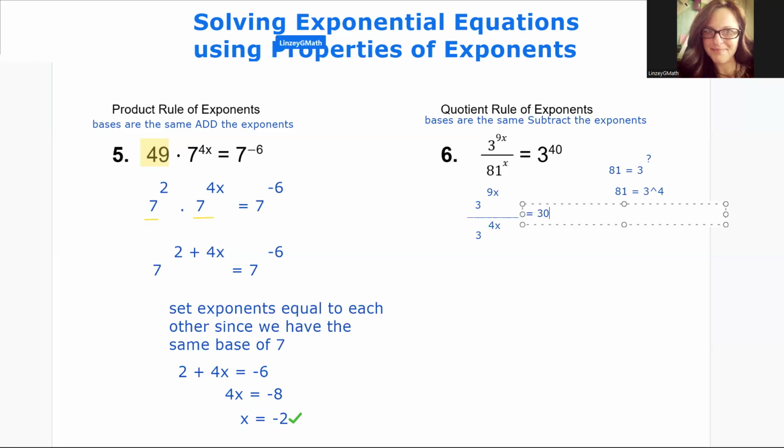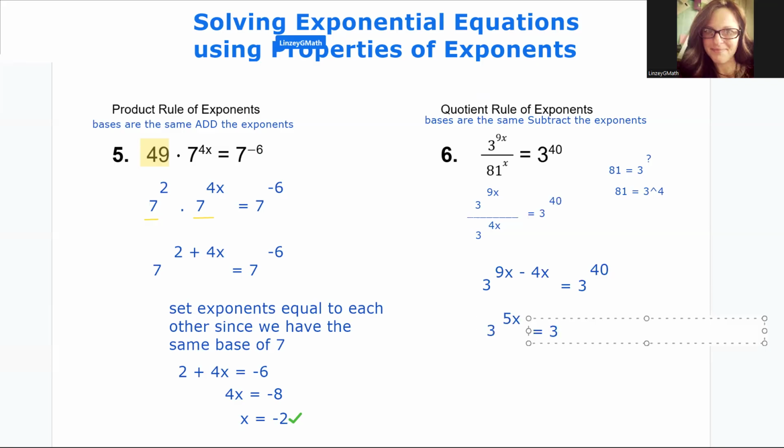Now, over on the left, since our bases are the same, 3 and 3, we are dividing, so we can subtract the exponents. We will get 3 to the power of 9x minus 4x. And subtracting our like terms, 9x minus 4x, we get 5x. And that is equal to 3 to the 40th power.